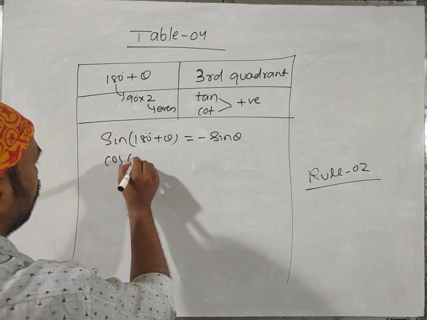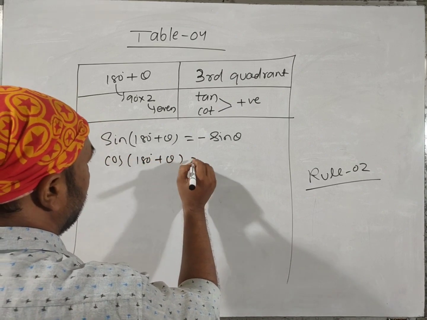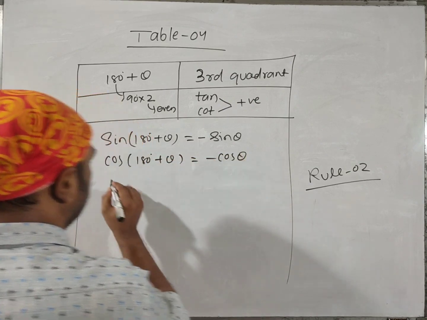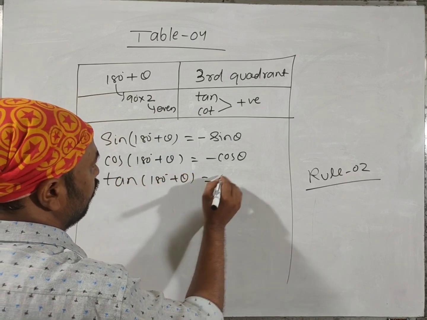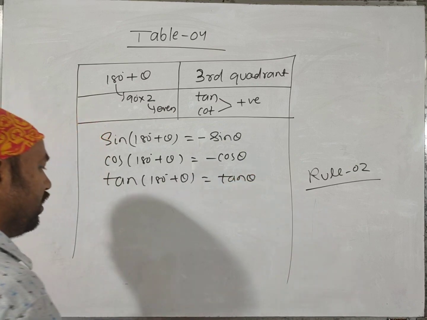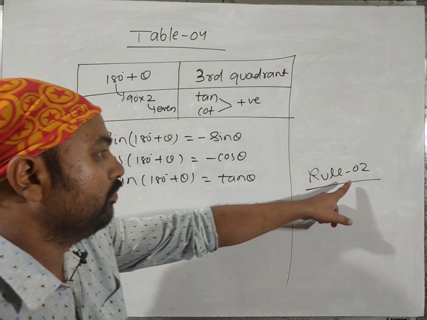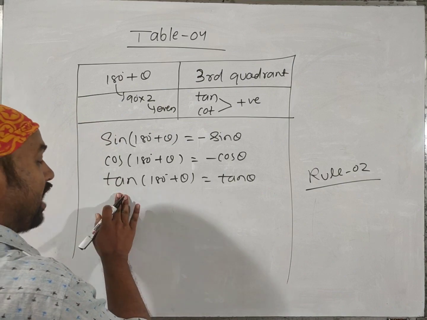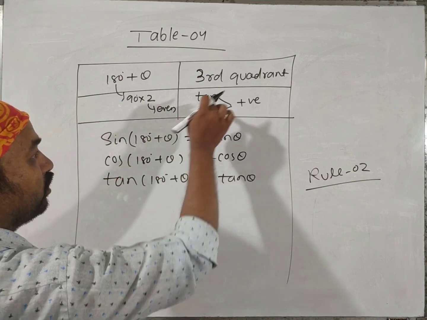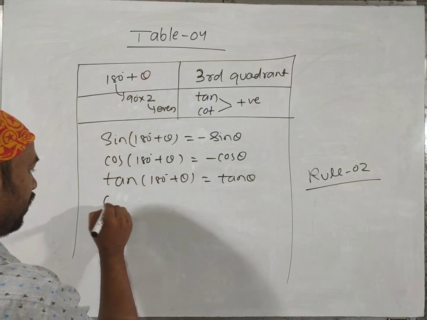Then cos 180 degree plus theta will again be minus cos theta. Tan 180 degree plus theta will be tan theta, because first of all it belongs to rule number 2, and then the tangent trigonometric function is positive in the third quadrant.